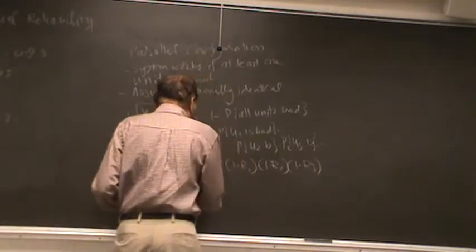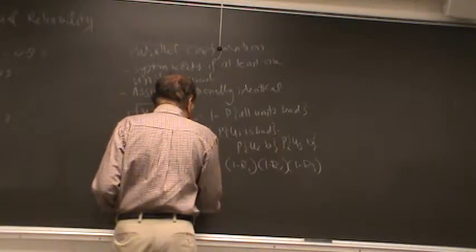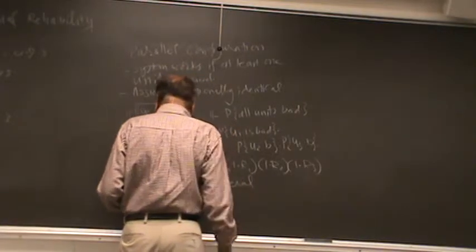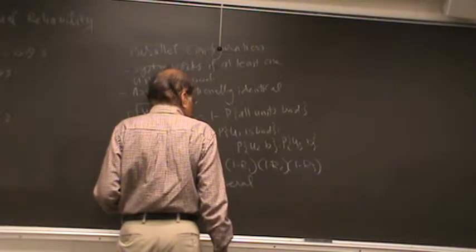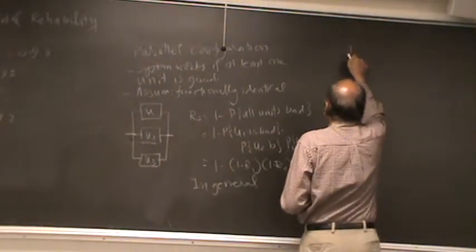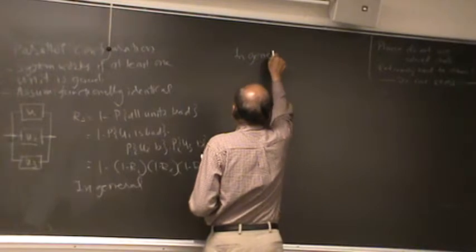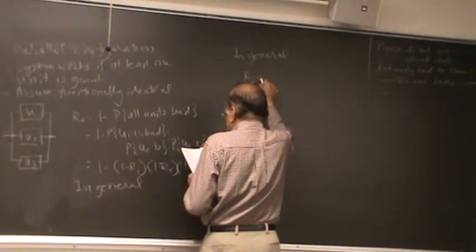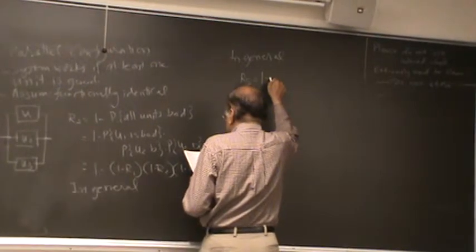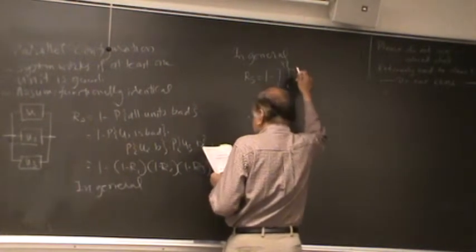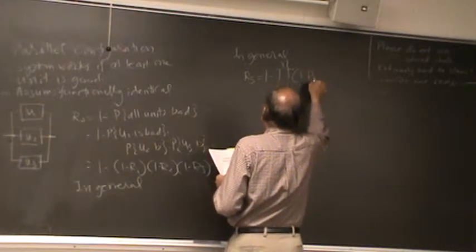And in general, we can generalize it this way. In this case, the system reliability is given by 1 minus the product for i equal to 1 to n of (1 minus Ri).